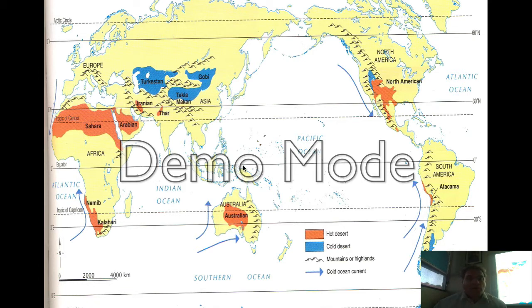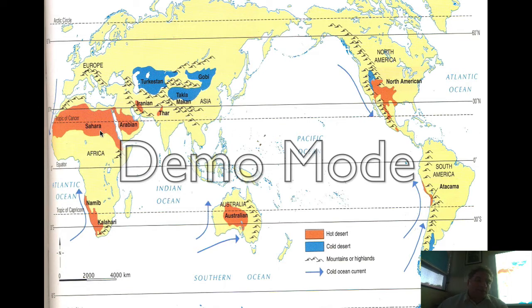where the hot air rises at the equator, drops at the tropics of Capricorn and Cancer up here. So you've got low pressure all the time at the equator, although the sun changes in the sky, but it's dominated by lows all year round, so it rains all the time here.